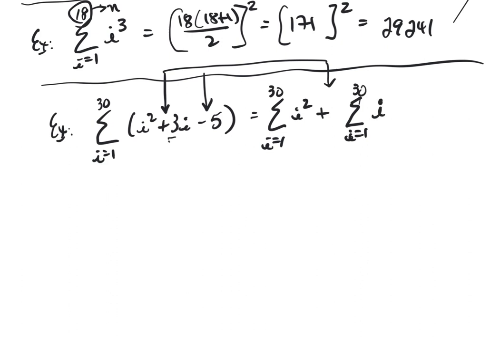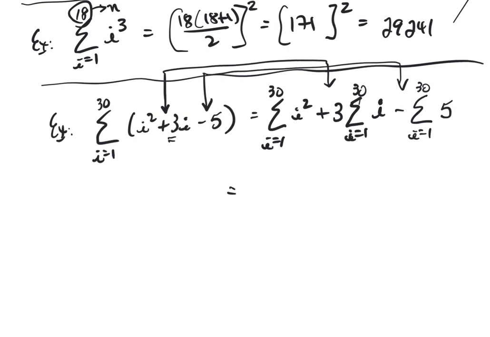But what I'm going to choose to do is factor the 3 out front and then minus the summation from I equals 1 to 30 of the last term, 5.